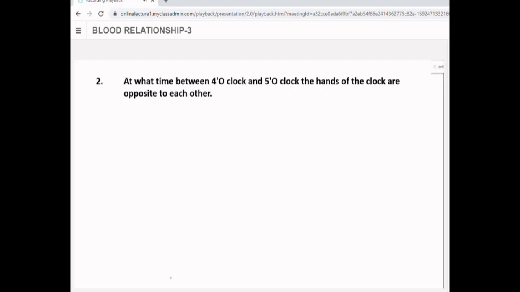So, at what time between 4 o'clock and 5 o'clock are the hands of the clock opposite to each other? Use calculators. Calculators are allowed. So, what you have to do is start at 4 o'clock. So, at 4 o'clock, where is the hour hand? Sharp 4.